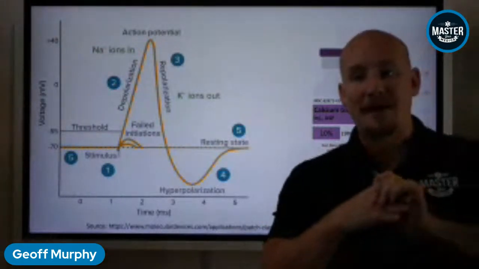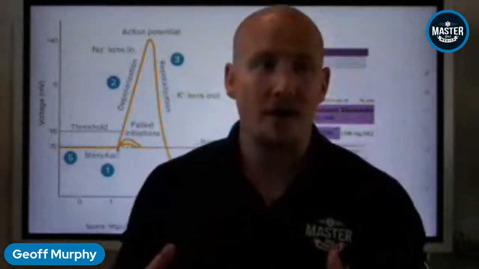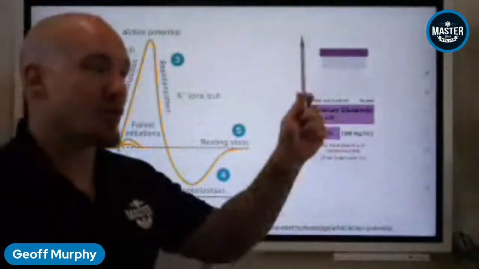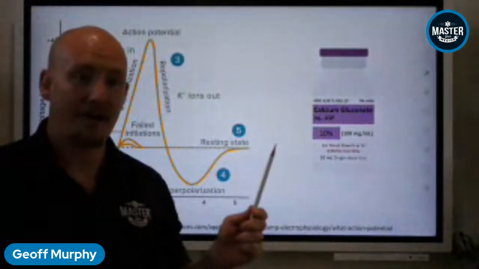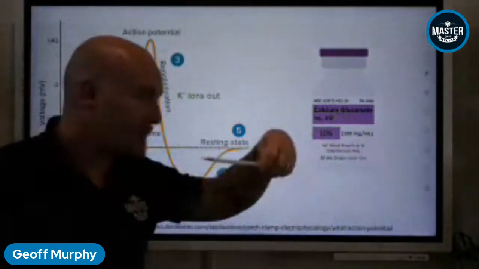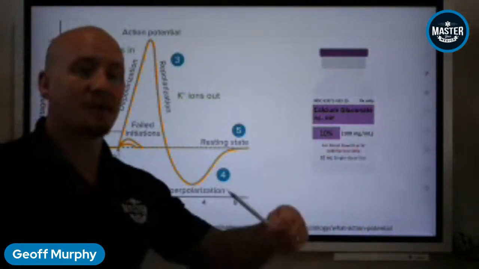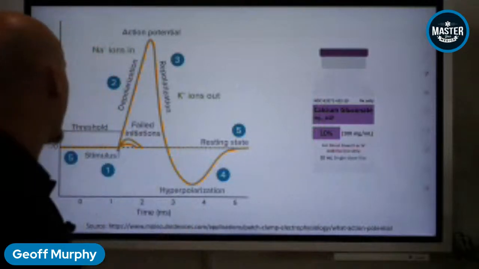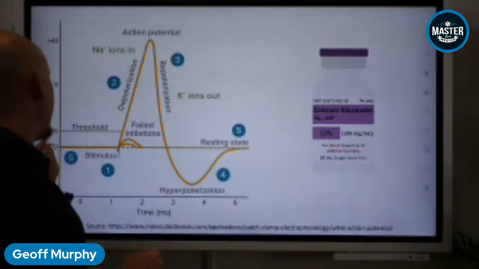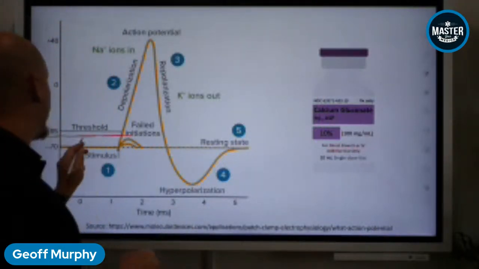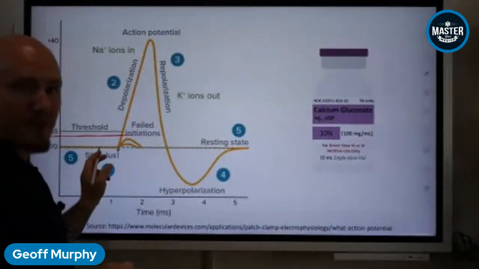Okay, so basically what we're going to do is we're going to start off with our first drug, which is going to protect the heart, and that is calcium gluconate or calcium chloride. But the calcium ion is what we really need. And what that calcium is going to do is, remember, we had this kind of threshold that's starting to thin out or get closer to the resting membrane potential.